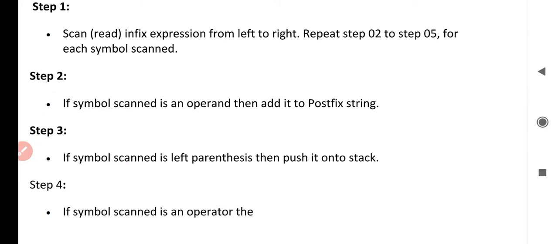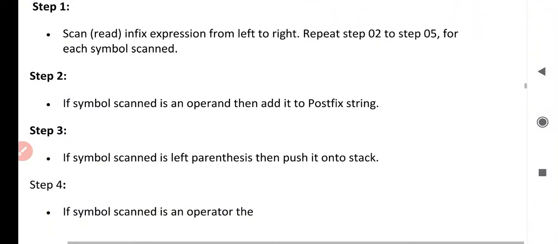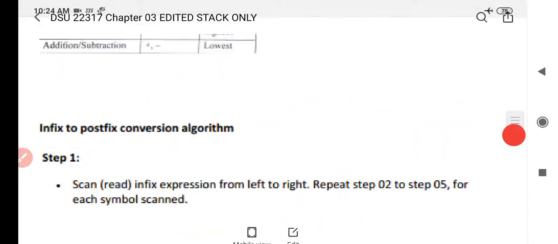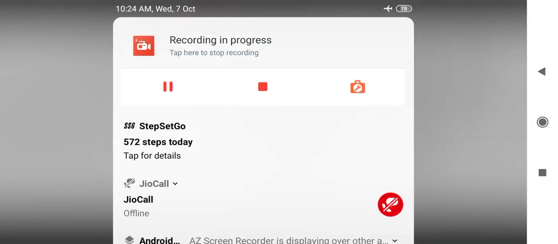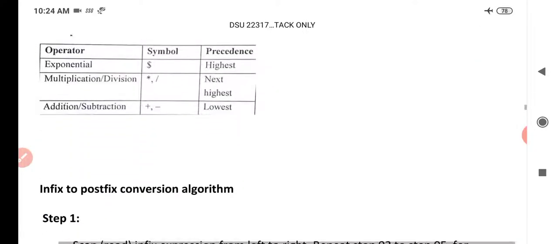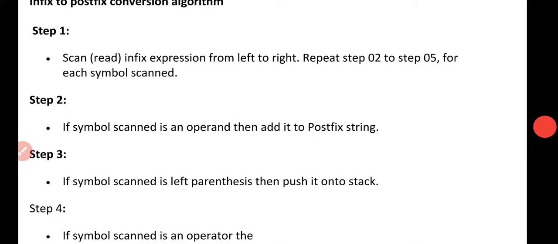In this conversion algorithm, we will scan or read the infix expression. Step number 1, scan or read the infix expression from left to right. Repeat steps 2 to 5 for each symbol scanned.